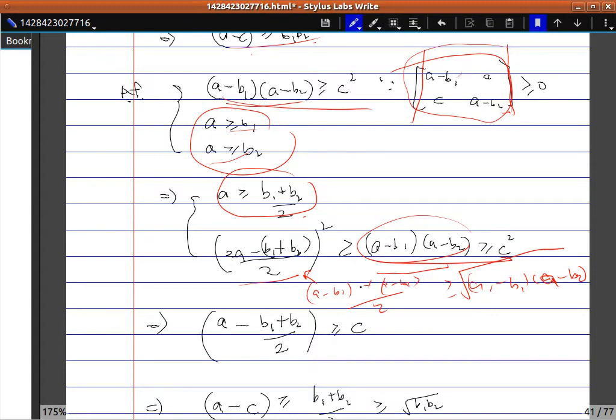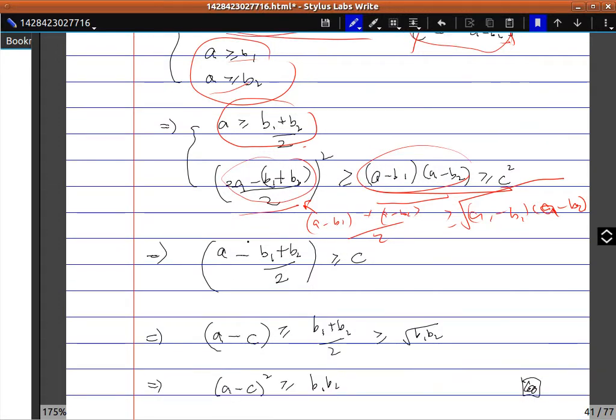And because A is bigger than (B1 plus B2) over 2, this thing inside is positive, so we have this square is bigger than this square, and since the thing inside is positive, we can just remove the square.